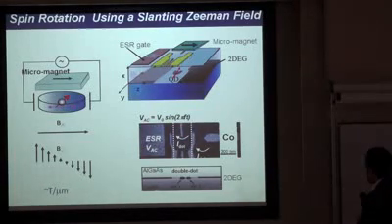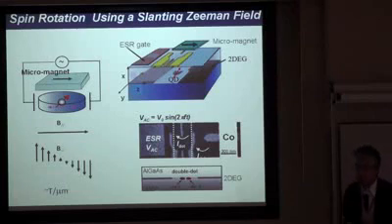And this is a top view. The cobalt is usually placed on top of this quantum dot, but if we put this cobalt, you cannot see anything at all. This is intentionally displaced. And just by adjusting the gates, we make a double quantum dot in the plane of the two-dimensional electron gas.